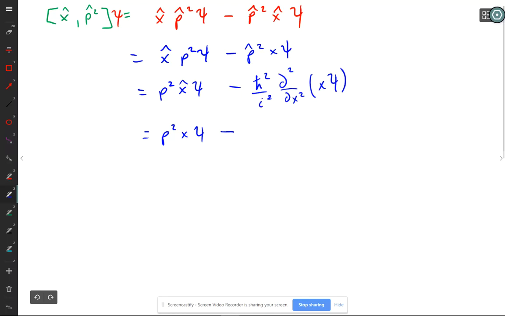And then everything else, so I'll change color, everything else I'm going to do is just in the second term. The first term is done.